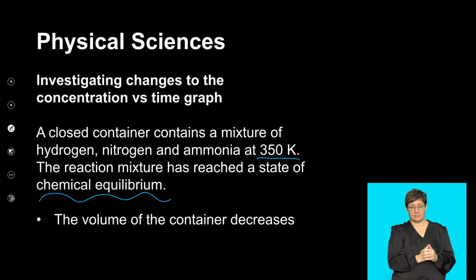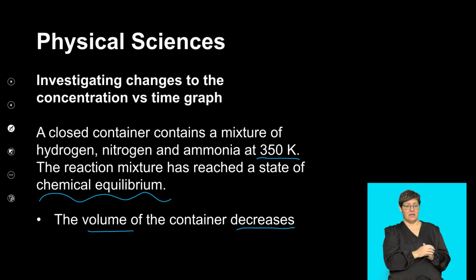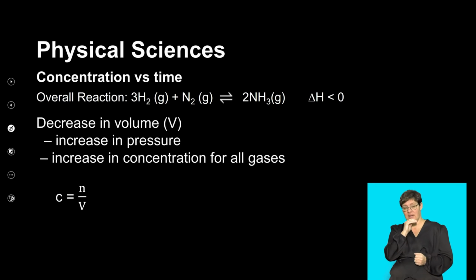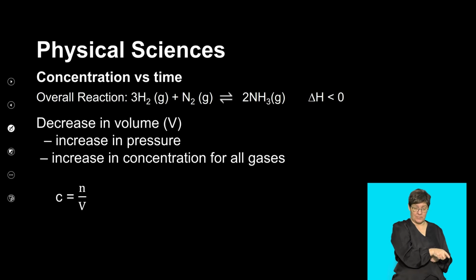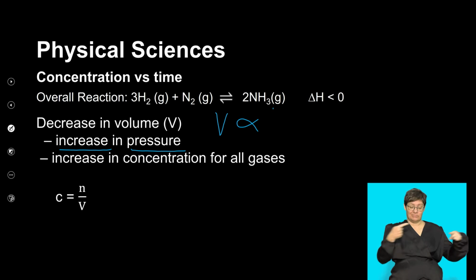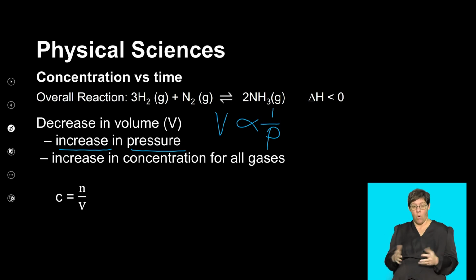decreased. If we decrease the volume, what does that do? Right, a decrease in volume will now increase the pressure. Remember, our volume is inversely proportional to pressure, or our pressure is inversely proportional to volume.